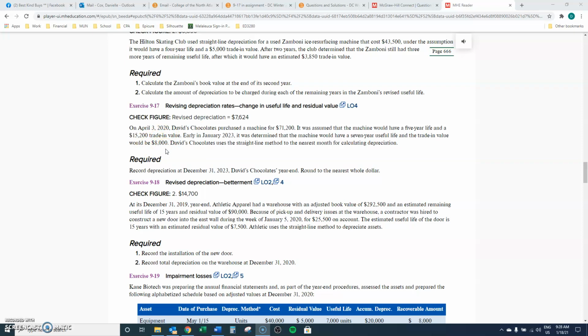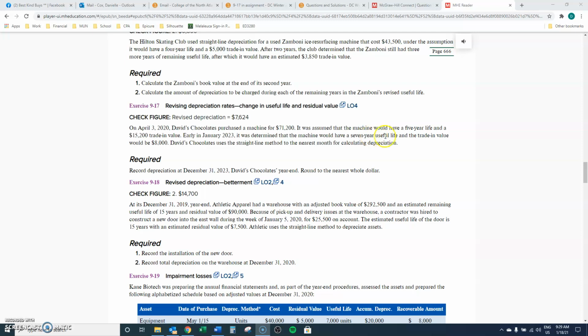But you go one step further, because so much of this amount has already been depreciated, so we also subtract that. We worked out just a second ago that the first step was calculating how much depreciation was taken to date, and that would have been $30,800. So it's the cost less the new residual value less the depreciation that's already been taken. That'll tell us how much is left to depreciate, and then you divide that by the remaining useful life.